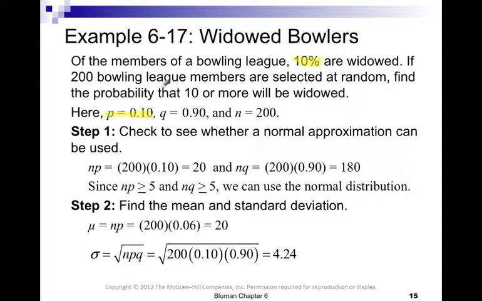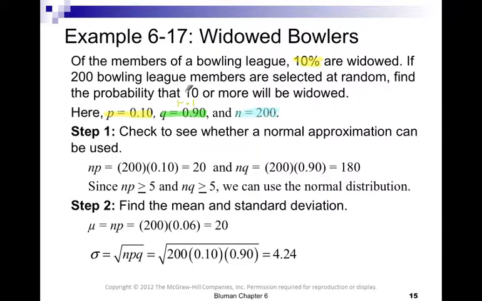Q then will be 1 minus 0.1 or 0.9. Okay, so that's Q. N is 200. Okay, that's our sample size.